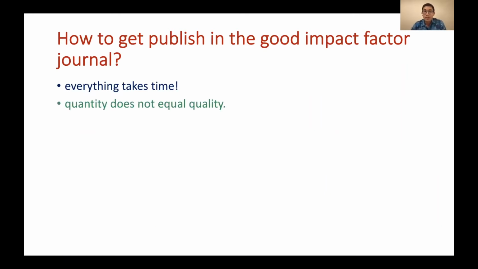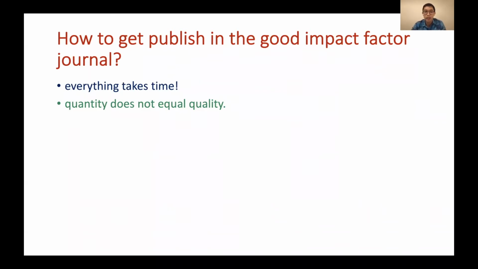Second, quantity does not equal quality. A lot of researchers publish 10 papers a year, but if you look deeply at those papers, maybe sometimes they have a lot of quantity, but it's not good quality.